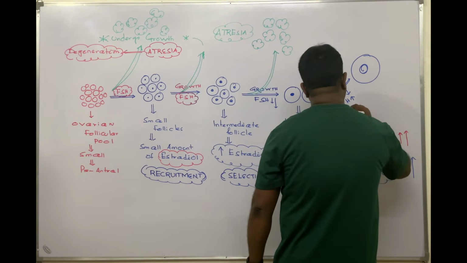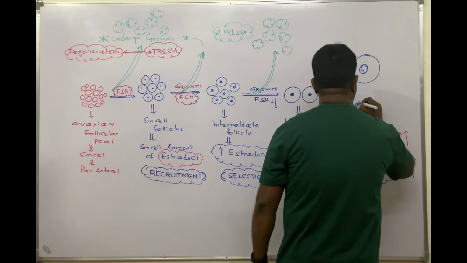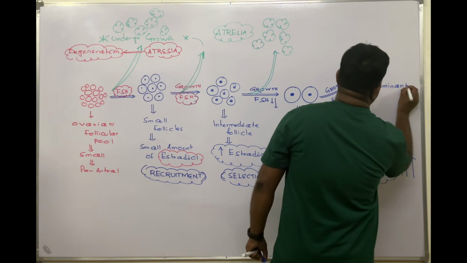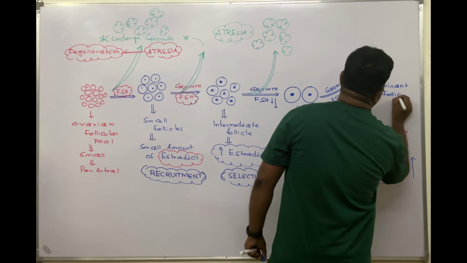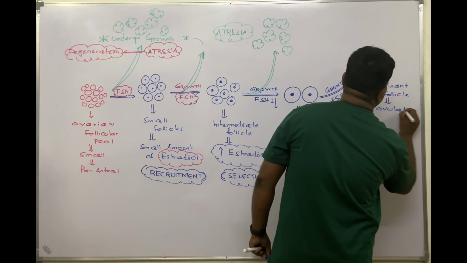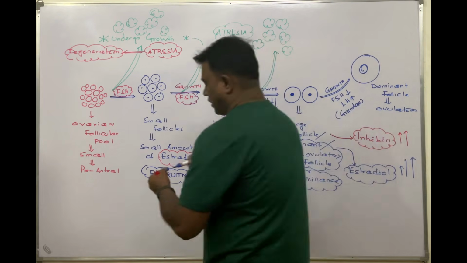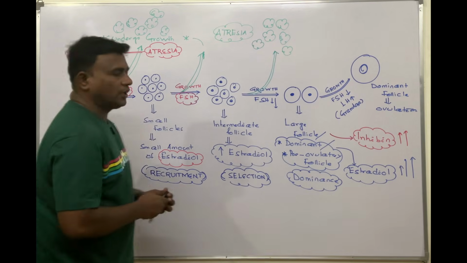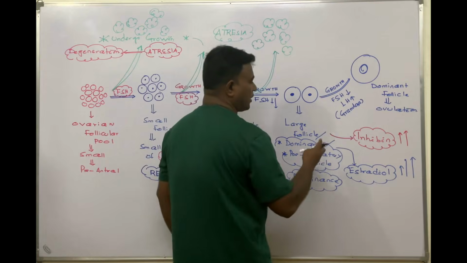This is a very important point to know. These are the granulosa cells and this is that dominant follicle. And this dominant follicle will undergo the process of ovulation. So this is what is known as follicular dynamics. Now let us establish some of the important links. What has inhibin done?